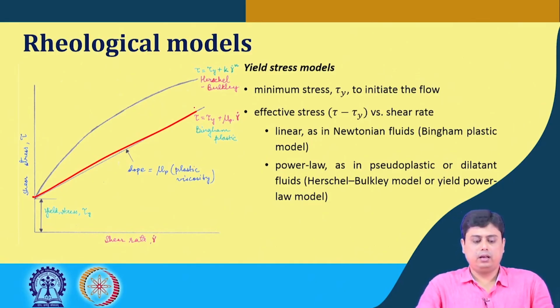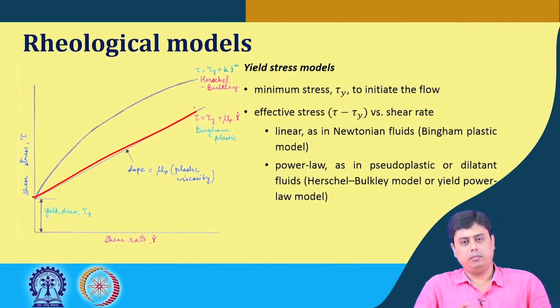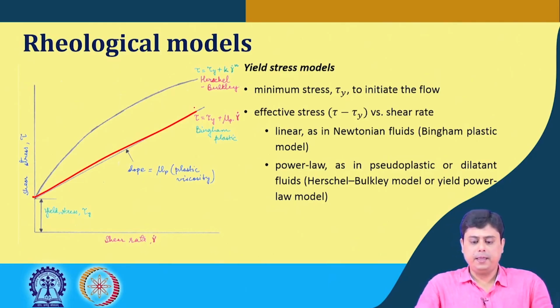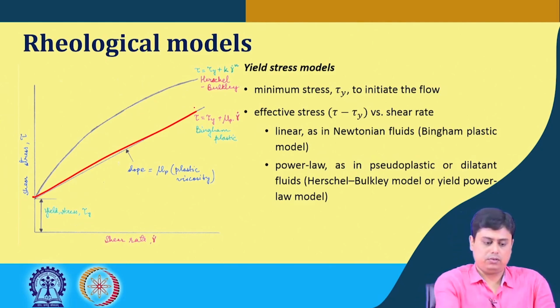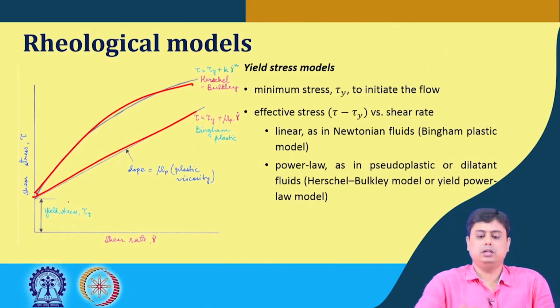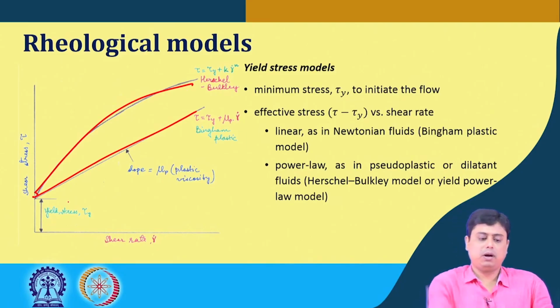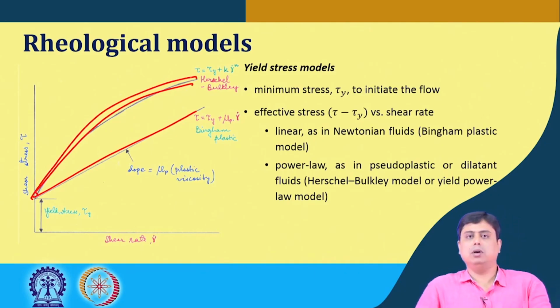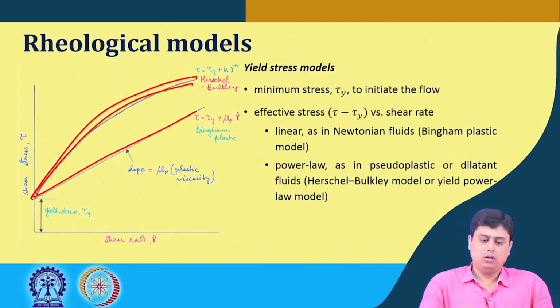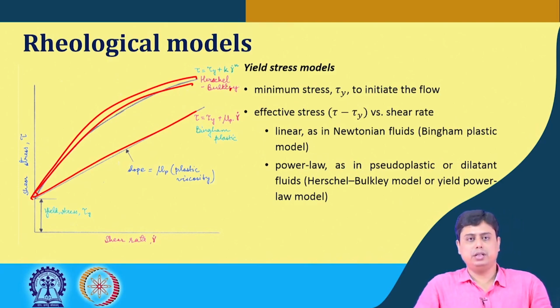If it is not linear and behaves in a power law fluid manner, pseudoplastic or dilatant, then we have the Herschel-Bulkley model, or the yield power law model. So, this model is called the Herschel-Bulkley model. It is the pseudoplastic with yield stress. When the yield stress is 0, the Herschel-Bulkley model basically reduces to the shear thinning model.